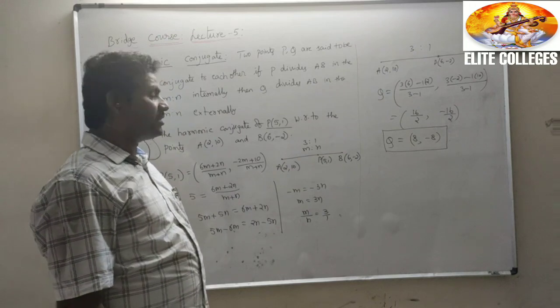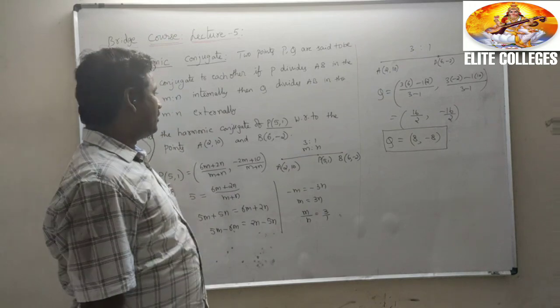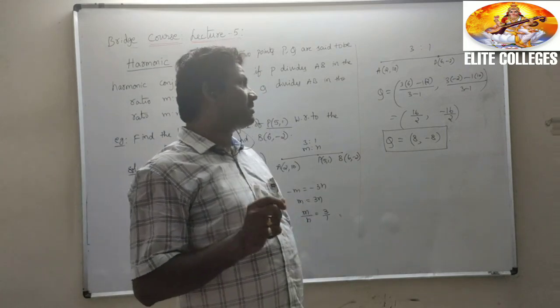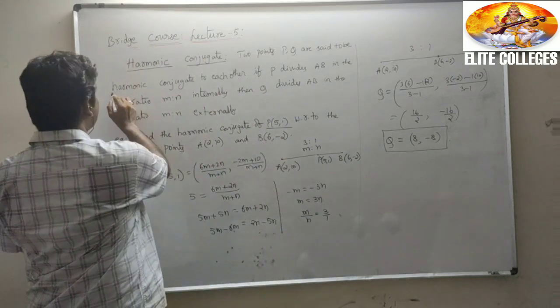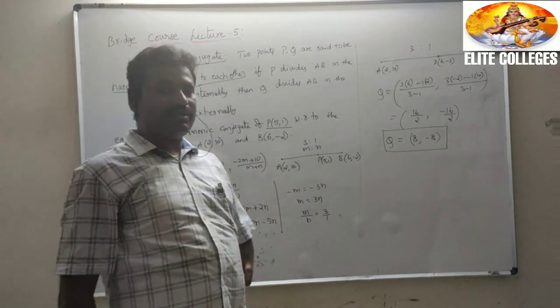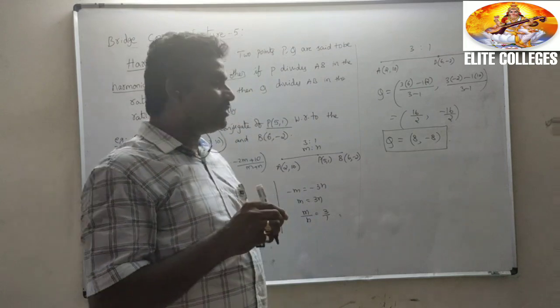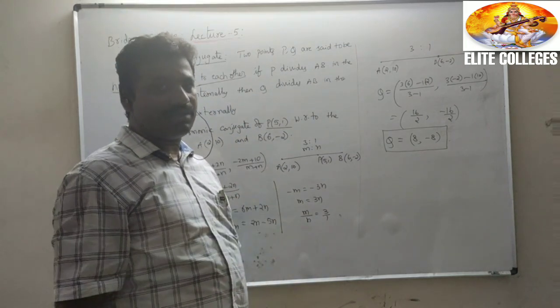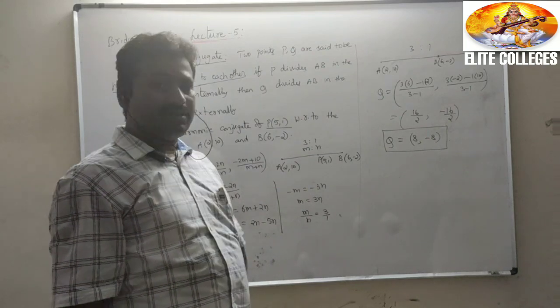Okay? Have you understood the definition? Right. Two points P and Q are said to be harmonic conjugate to each other if P divides AB in the ratio m is to n internally, then Q divides AB in the ratio m is to n externally.